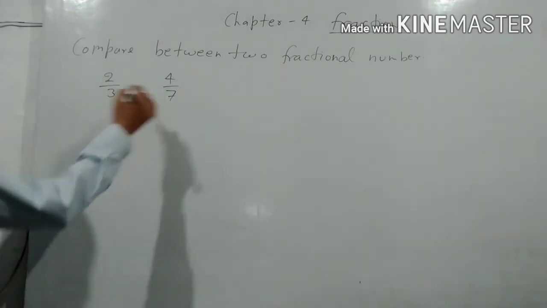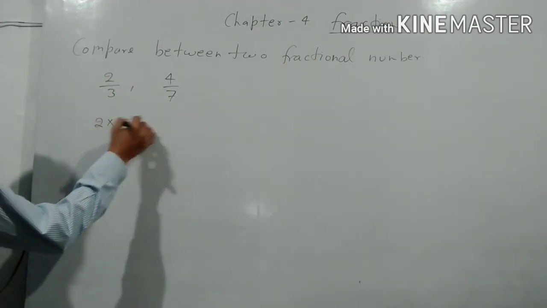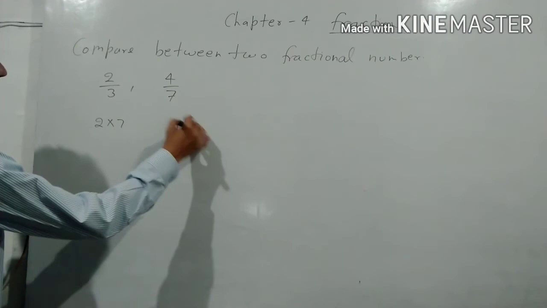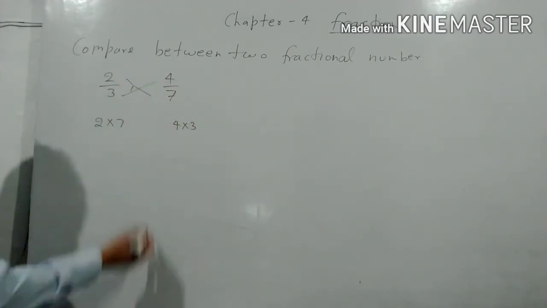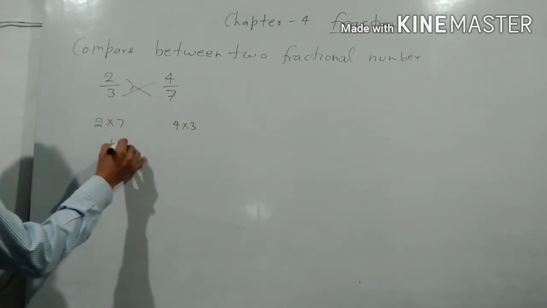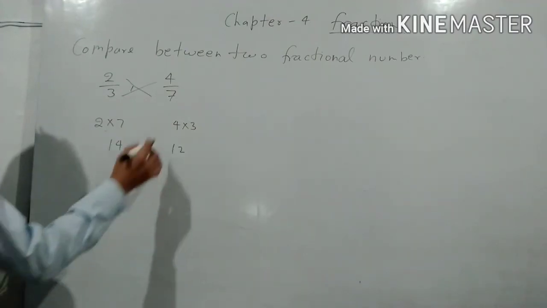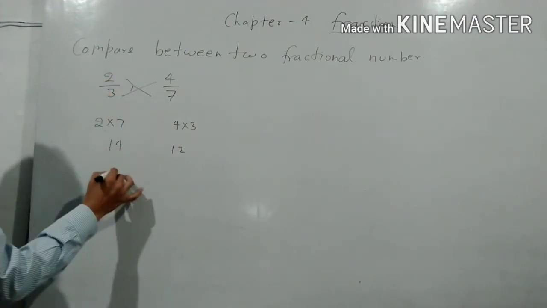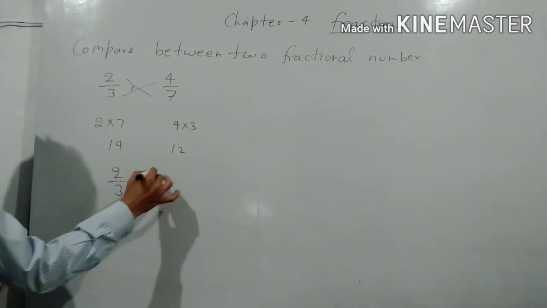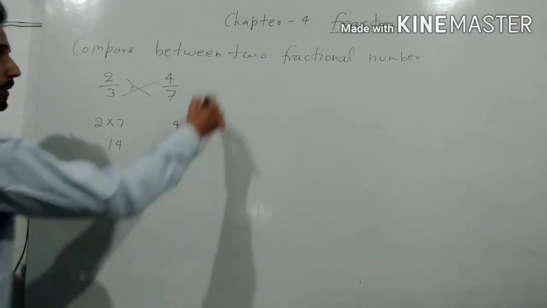So we cross multiply. 2 multiply 7, 4 multiply with 3. 2 sevens are 14, 4 threes are 12. It means 2 upon 3 is greater than 4 upon 7.